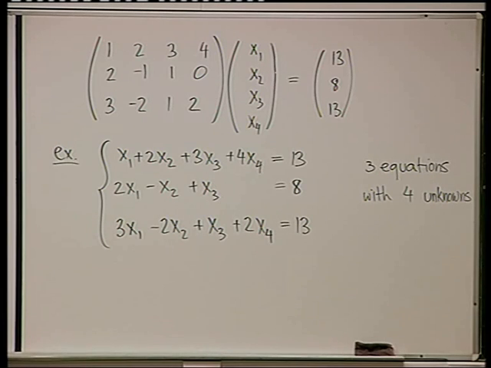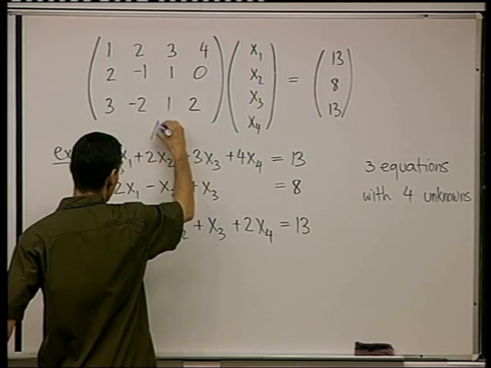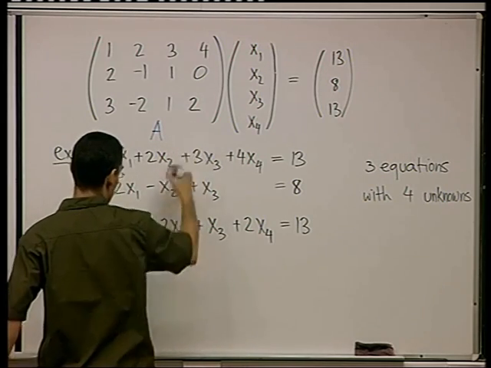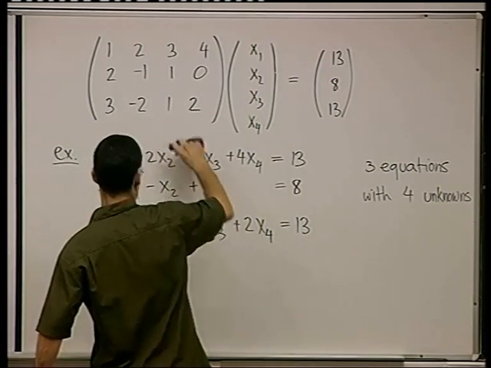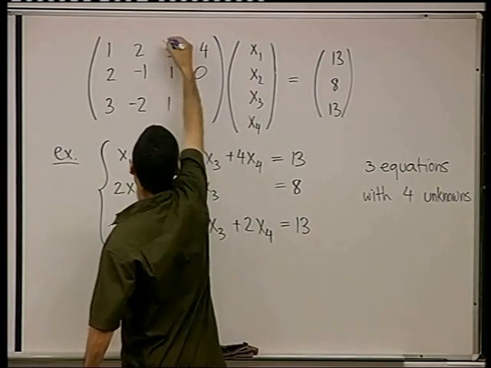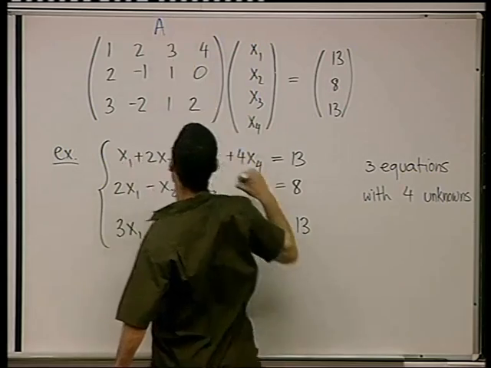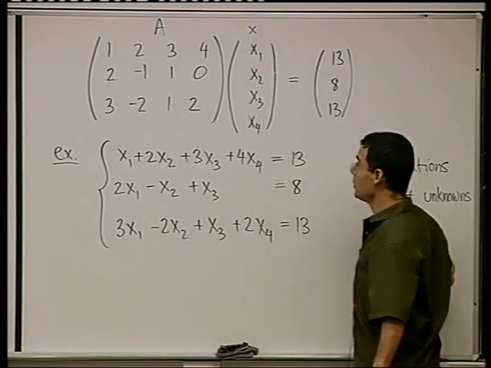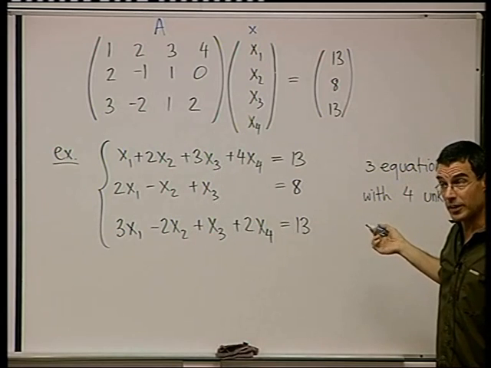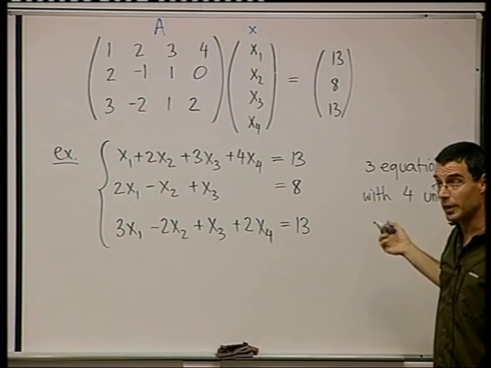The coefficient matrix is usually denoted by A. So A is the, well, let's write it. I'm out of space. I'll write it in the next board. So this is A. It's called the coefficient matrix. This is X. It's called the unknown vector, the vector of the unknowns or the variables.